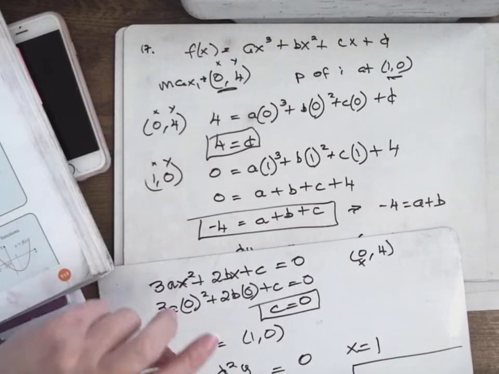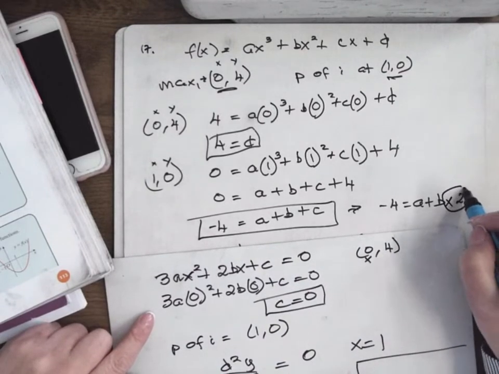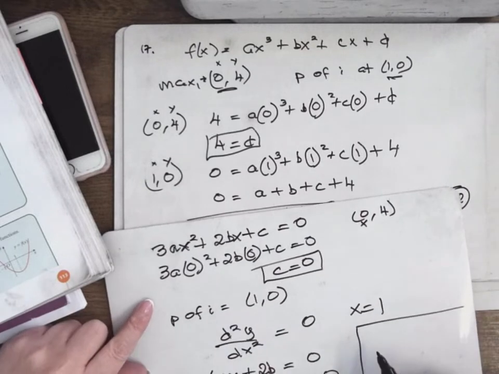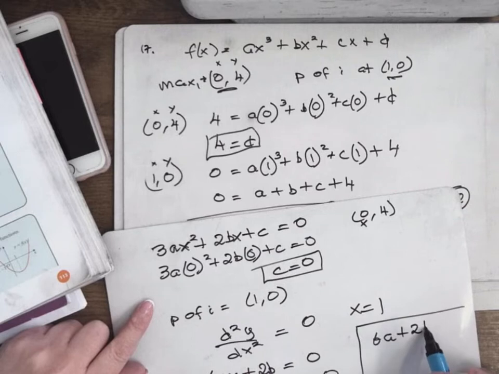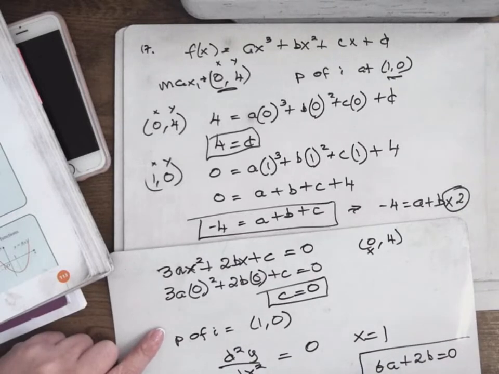I'm going to multiply that by 2. So I have 6a plus 6b equals 0, and multiplied by 2, I have 2a plus 2b equals minus 8.